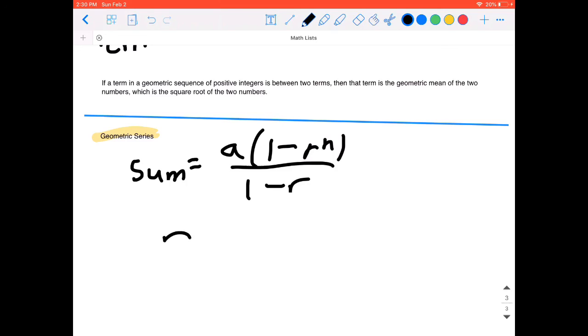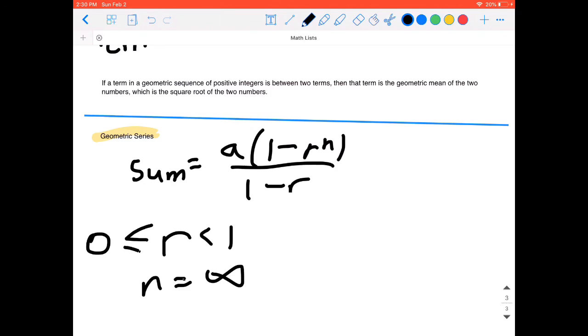Let's say that r is between 0 and 1, where 0 is included but 1 is not included, and let's say n is infinity. Let's say you have an infinite number of terms.